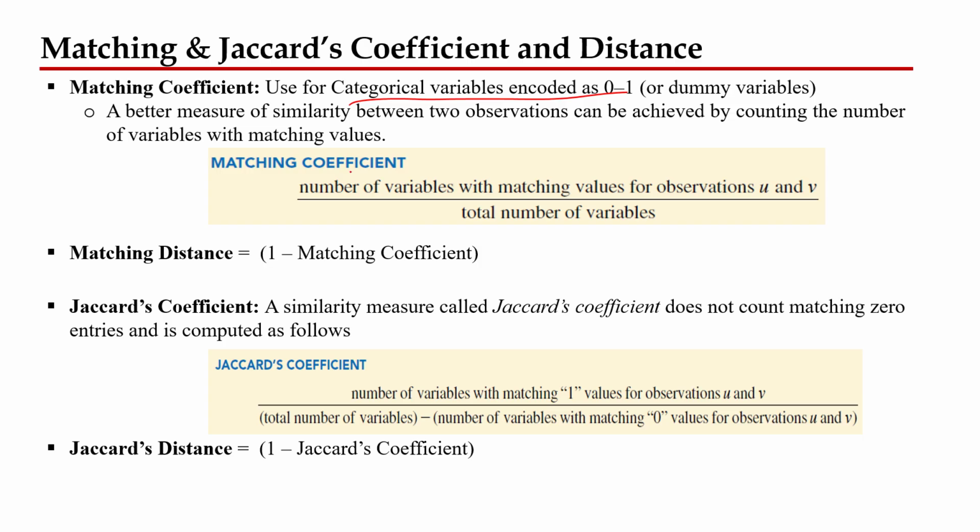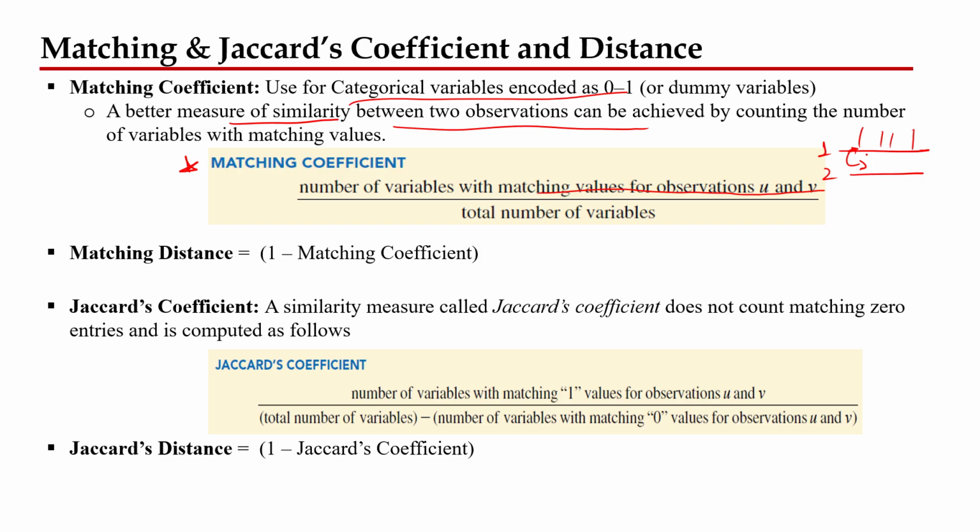First I am talking about the matching coefficient, which is a measure of similarity that calculates how similar two observations are to each other. The formula is the number of variables matching in the values of observations u and v. So we compare observation number 1 and observation number 2 against all the features and see whether these two observations are the same or not.